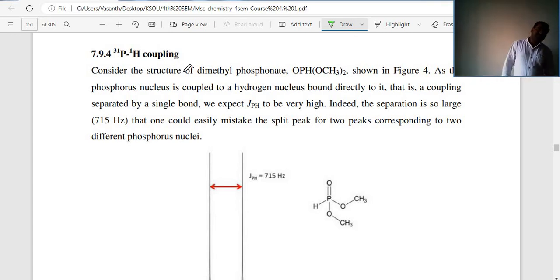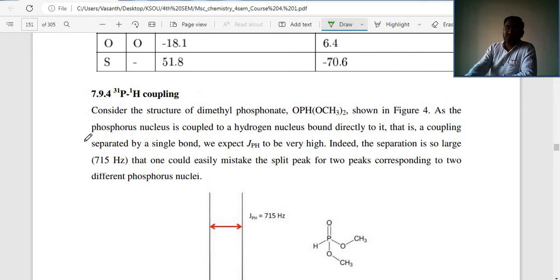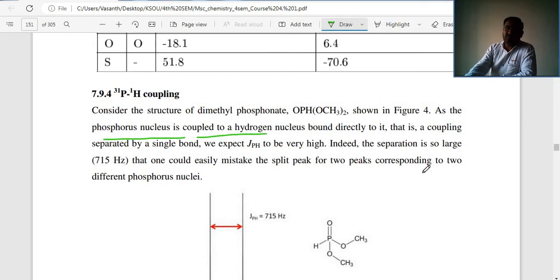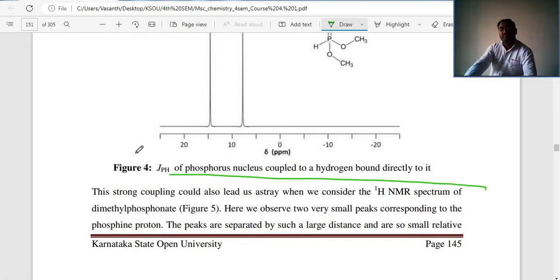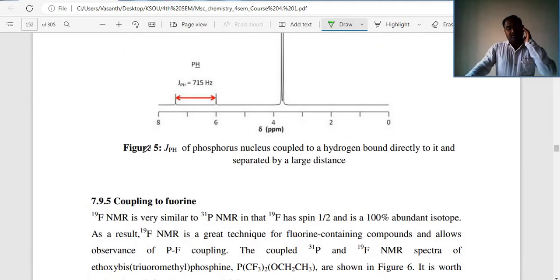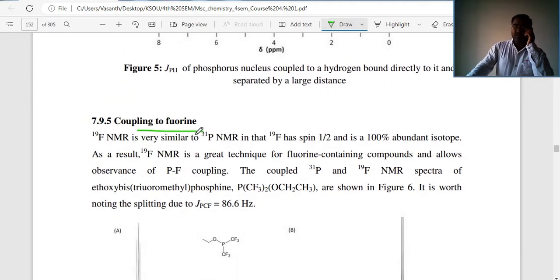Next, proton-phosphorus coupling. Consider the structure of dimethyl phosphonate shown in figure 4, as the phosphorus nucleus is coupled to a hydrogen nucleus bound directly to it. This is coupling to fluorine.